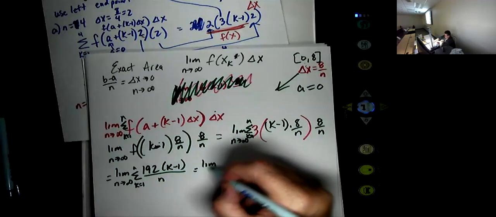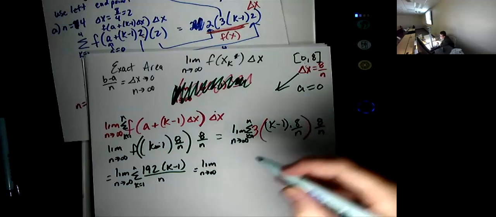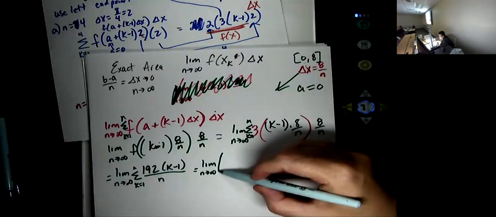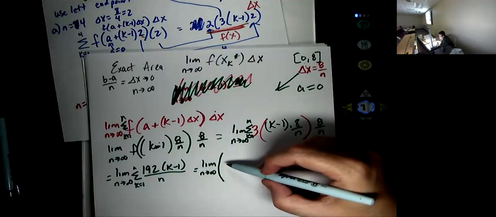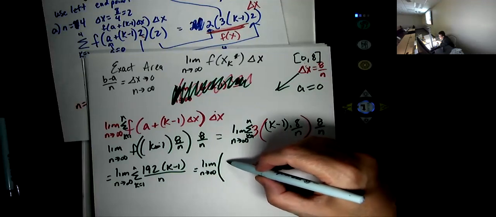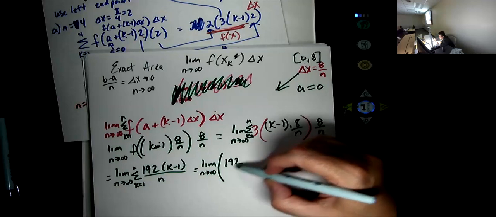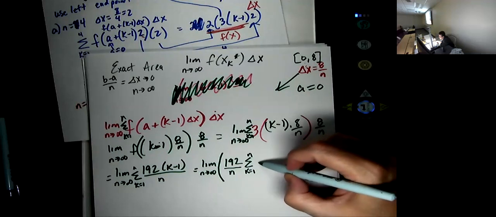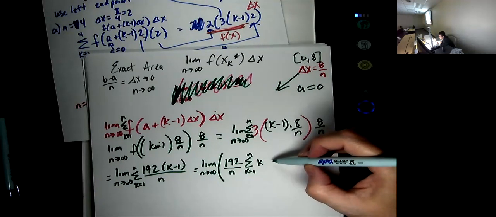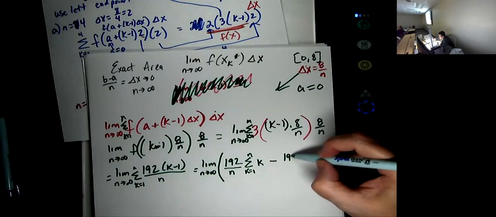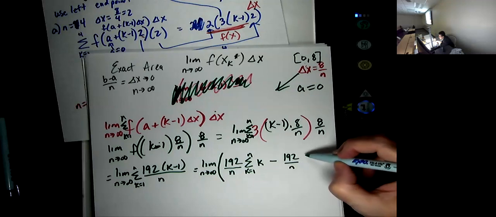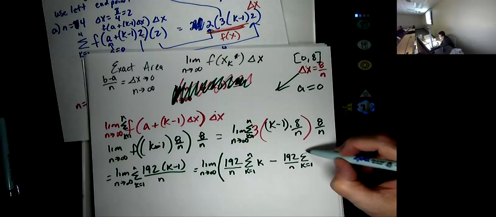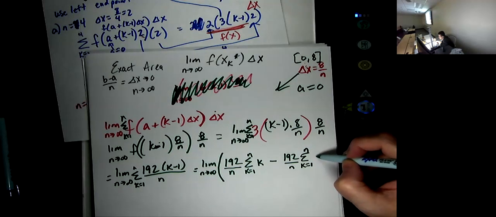So if I break that up, I've got n as a constant with respect to k. So I've got 192 over n, summation of k equals 1 to n of k, minus 192 over n, sum from k equals 1 to n of 1. It looks like I factor everything out.